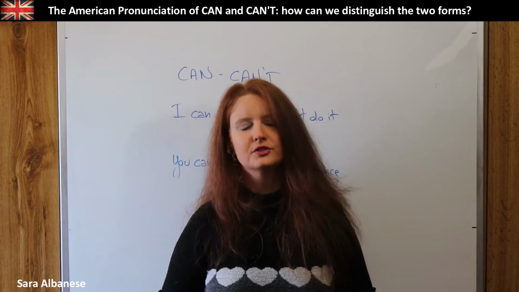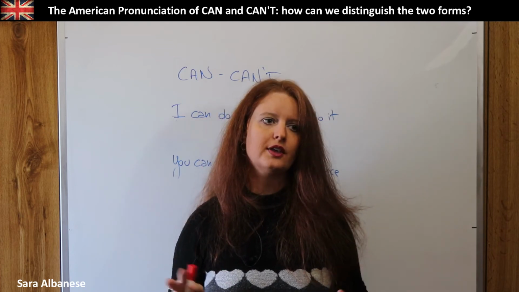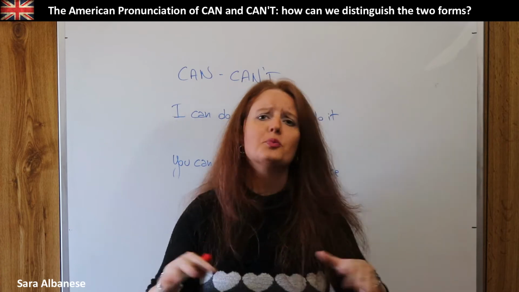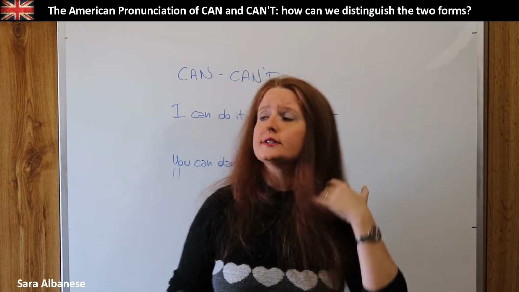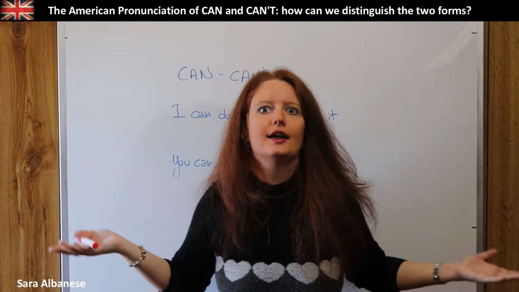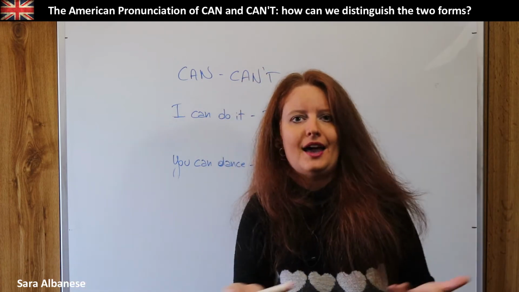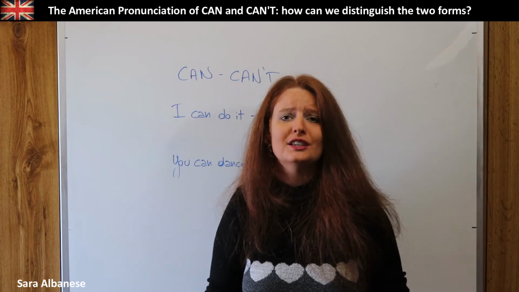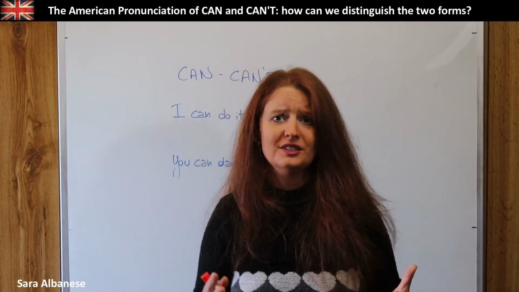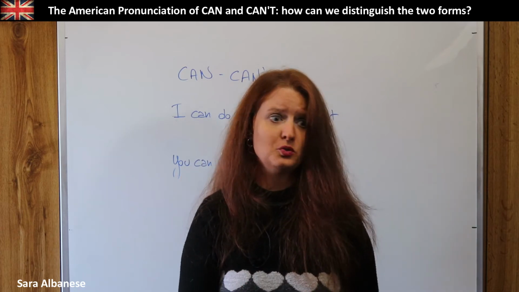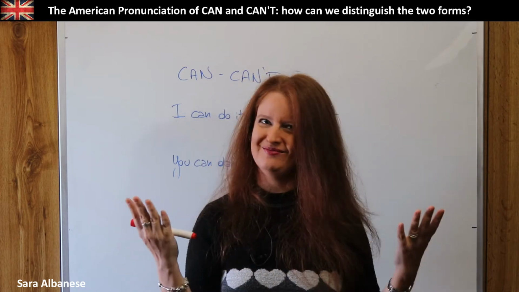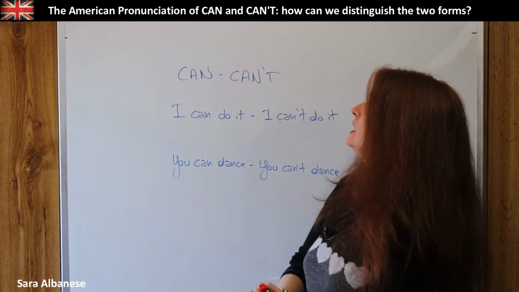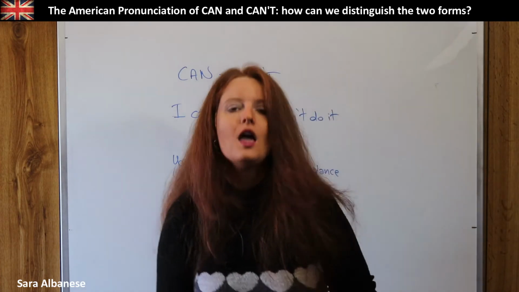Sometimes it is, but most of the times, especially in some specific areas, in the north and some accents, it's not pronounced at all. So of course it's can and can. How can I distinguish can and can? It's the same. And it's so important that I understand the difference, because one is positive and the other one is negative, so they state the opposite. Well, there is a trick.